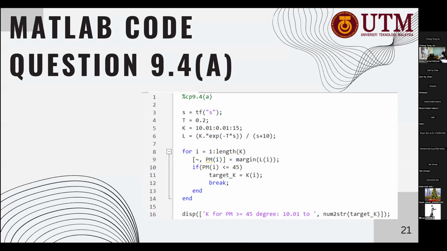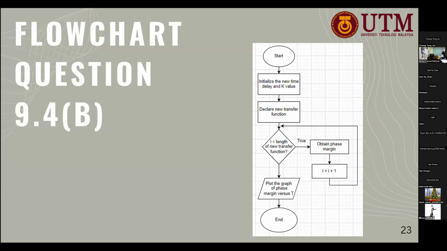For the flow chart for solving this question, we initialize the time delay and also the k value. Then we declare the transfer function. Then we use a loop to find the phase margin. Then we plot the graph of phase margin versus t, which is the time.